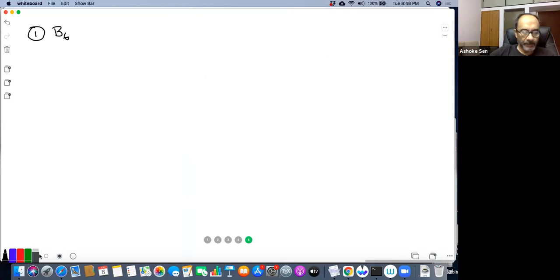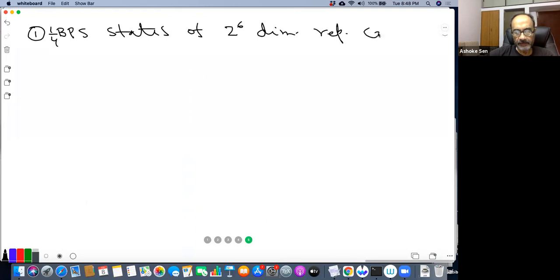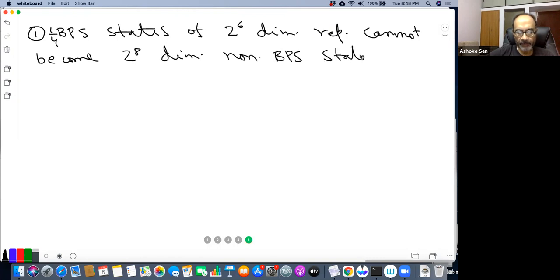So let me write this. BPS states or quarter BPS states of 2 to the 6 dimensional representation cannot become a 2 to the 8 dimensional non-BPS state, right? Because that will require the spectrum to jump discontinuously.